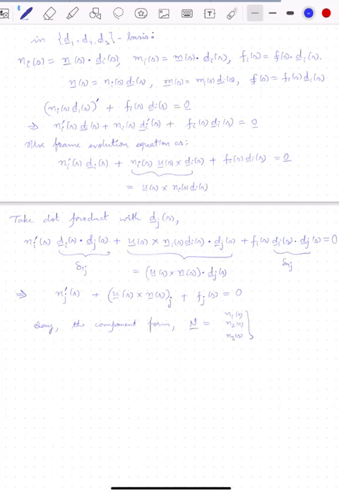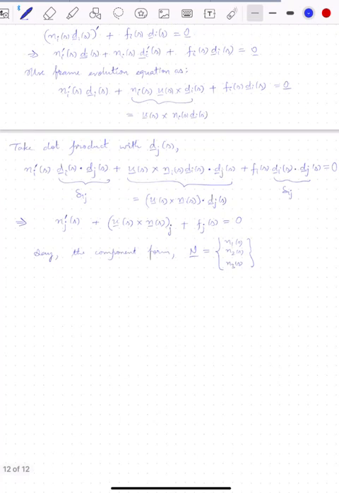This is the vector containing components, which is distinct from the n vector, right? So in that case, we will have n vector prime of s plus, and this comes as u vector of s cross n vector of s plus, and this one will be as it is, f vector of s is equal to 0 vector.